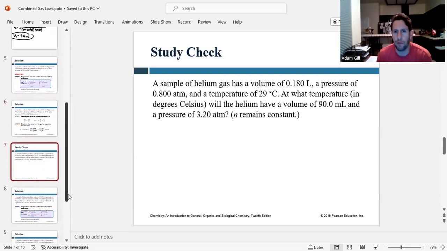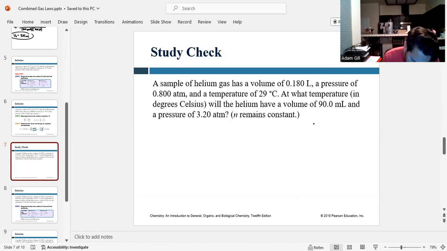Let's do one more practice problem here. A sample of helium gas has a volume of 0.18 liters, a pressure of 0.8 atmospheres, and a temperature of 29 Celsius. At what temperature, in Celsius, will the helium have a volume of 90 milliliters and a pressure of 3.2 atmospheres? So let's write down what's given. They give us an initial volume of 0.18 liters, an initial pressure of 0.8 atmospheres, and an initial temperature of 29 degrees Celsius.